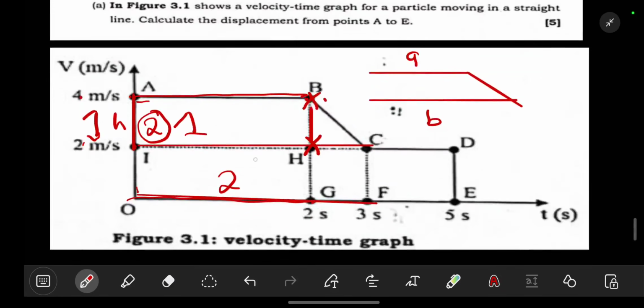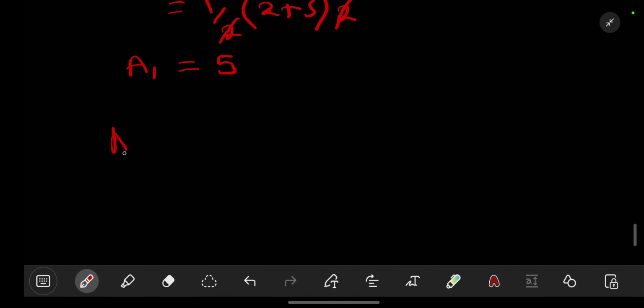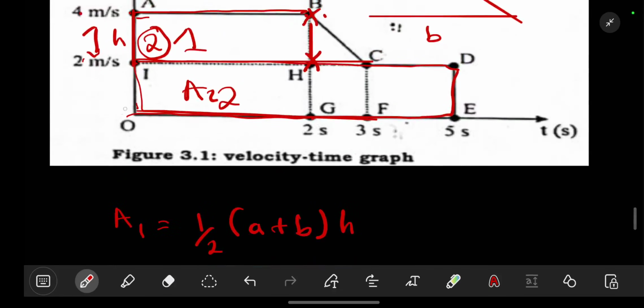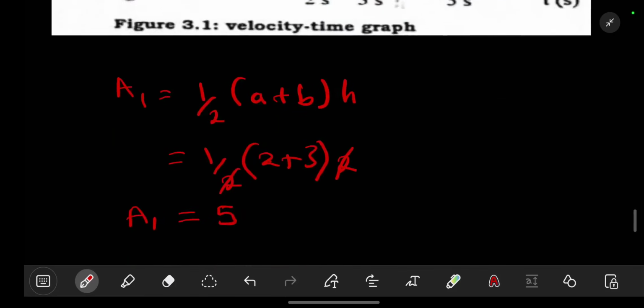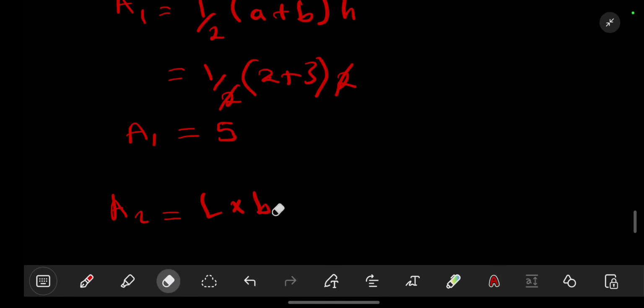Then area number 2, which is from here up to here, so this shape, this is our A2. In which case area number 2 is a rectangle. So this will be our L times our B, or L times height, whichever.